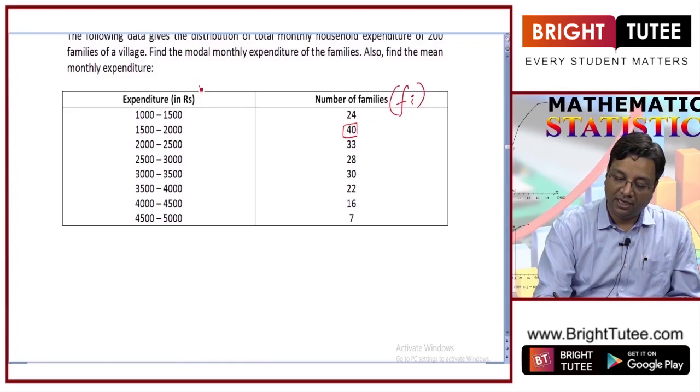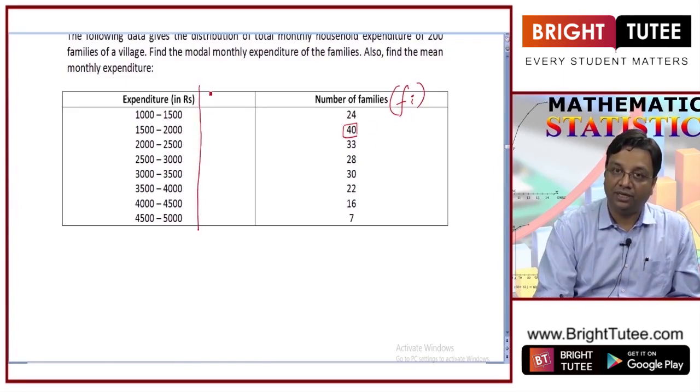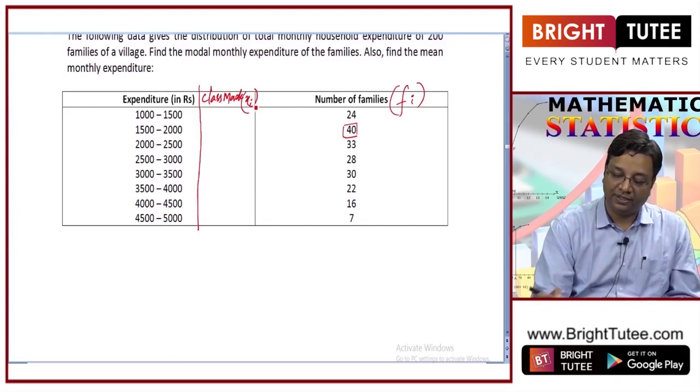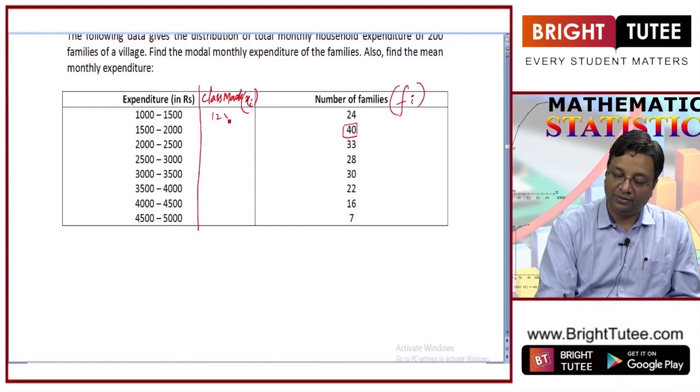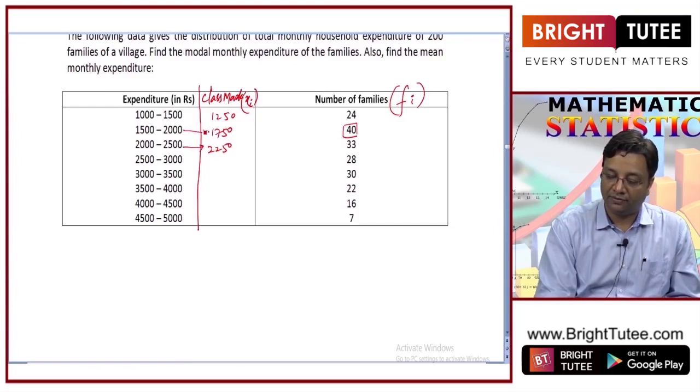These are the classes, and for calculation of mean, we would also require the class mark, that is xi, which will be 1250 in this case, 1750 here, 2250 for this class, 2750 for this class, and for this one it will be 3250, for this one it will be 3750, for this one 4250 and 4750.